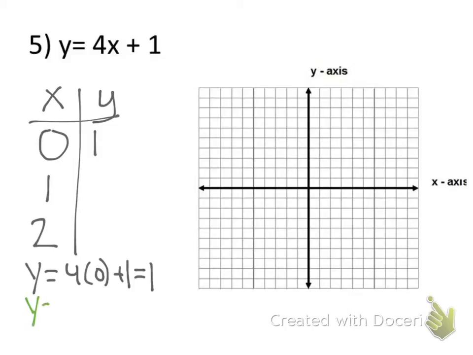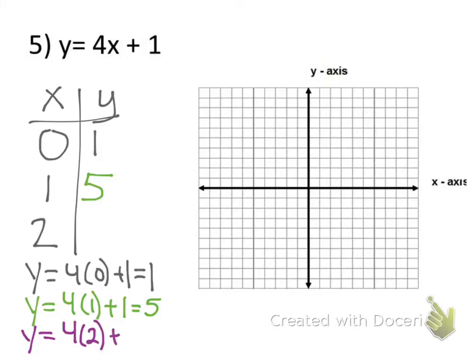When I plug a 1 in, I have 4 times 1, which is 4. 4 plus 1 is 5. And when I plug a 2 in, that gives me an 8 plus 1, which is a 9. Graphing those, I go side to side 0, up 1.